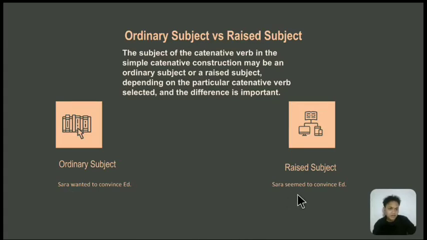But if you read this, Sarah seemed to confess Ed, the subject of this verb is not clear. Is it really Sarah who does that, or maybe somebody else? So from that you can see the difference, right? In ordinary subject, the subject is connected directly with the verb, but in raised subject, the subject is not connected directly with the verb.